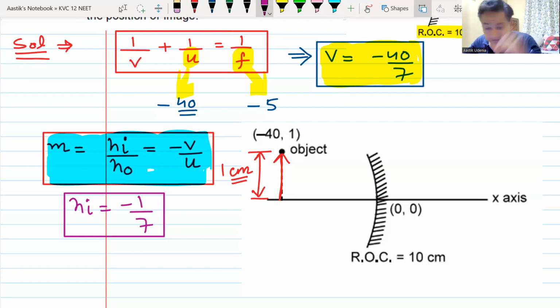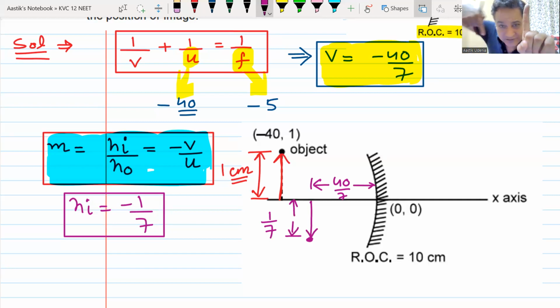Now I can just draw the diagram. If I take it as an object which is erect, the image would be formed somewhere like this. This will be the point here. This distance would be 40 by 7 and this length would be 1 by 7. If I take it as an erect object, the image would be inverted because it's a real image.